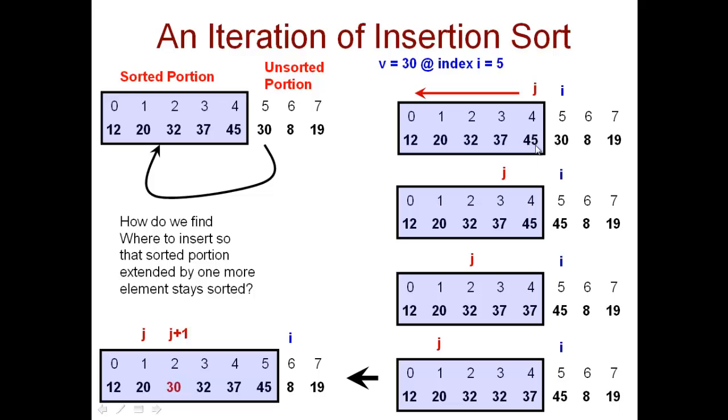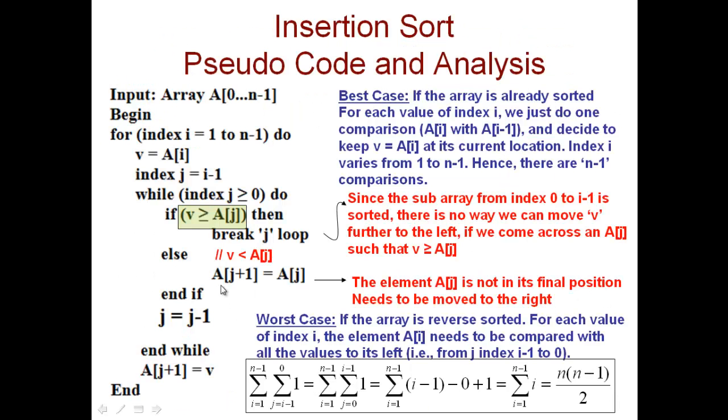So a of j greater than v really corresponds to copying the value of a of j to its right at index j plus 1. The other possibility is a of j what? Less than or equal to v, isn't it? If this is one scenario, the other scenario is the opposite of this, a of j less than or equal to v. Is that easy to visualize?